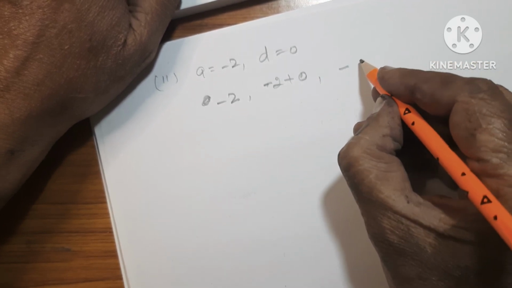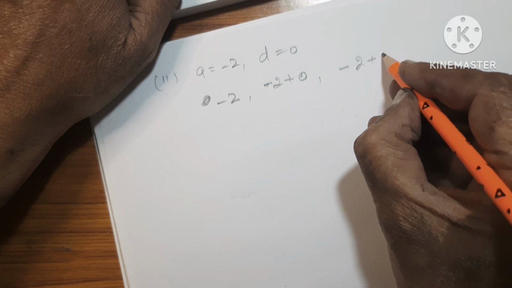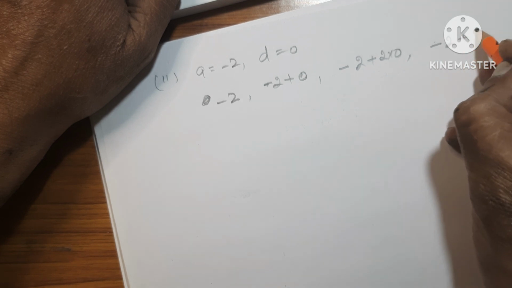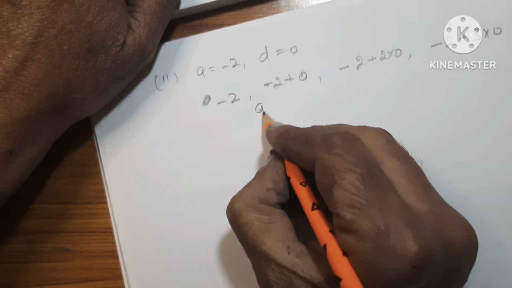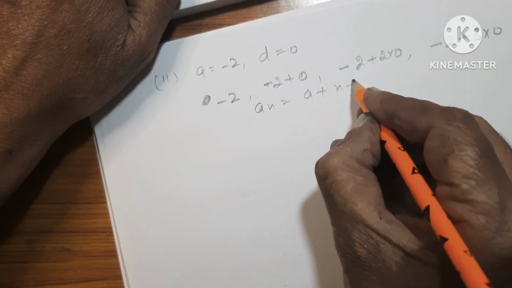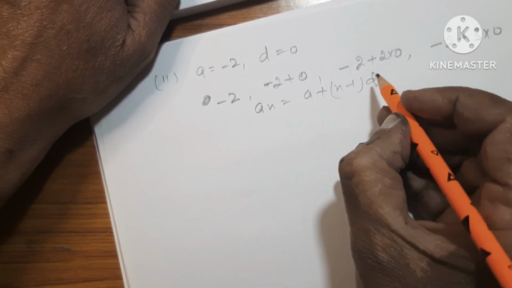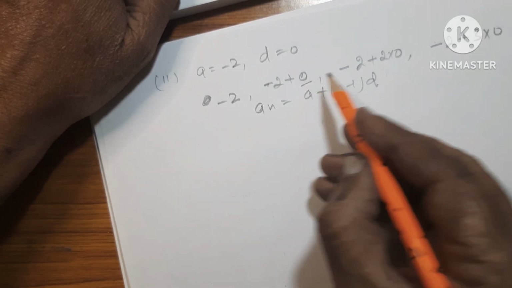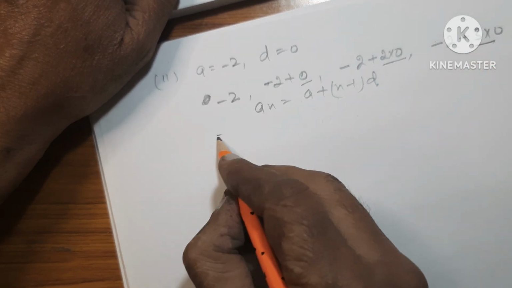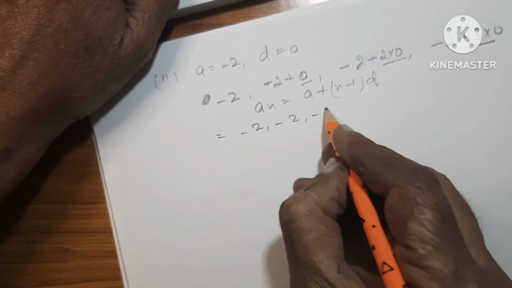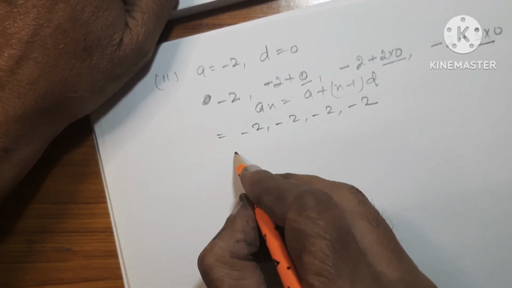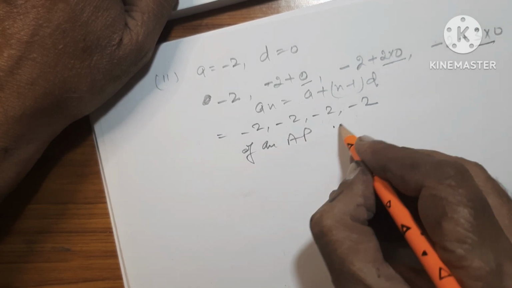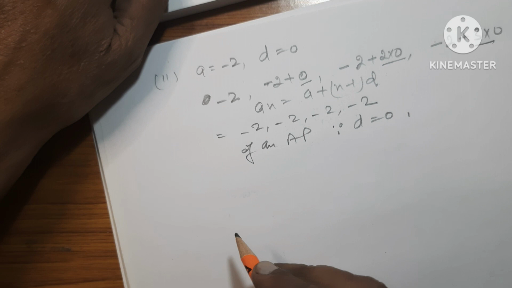Third term is minus 2 plus 2 into 0, and the fourth term is minus 2 plus 3 into 0, using the formula a n equals A plus n minus 1 into D. When D is 0, this part becomes 0, so it will remain minus 2, minus 2, minus 2, minus 2. These are the 4 terms of an AP. Here D is 0.